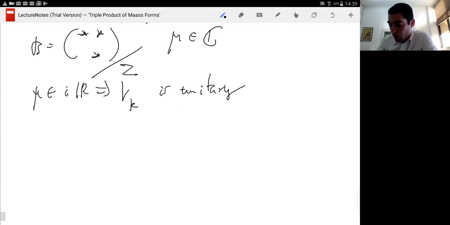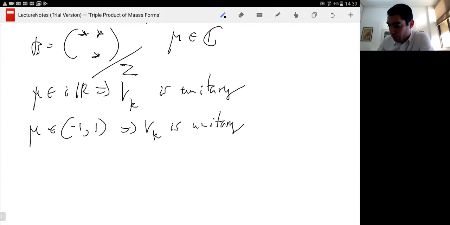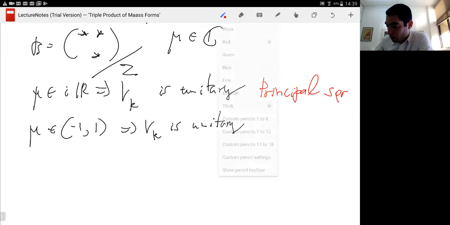And for completeness sake, it's worth noting that if mu is real and of absolute value less than 1, then Vk is also unitary. This case is known as the principal series. In this case is known as the complementary series.